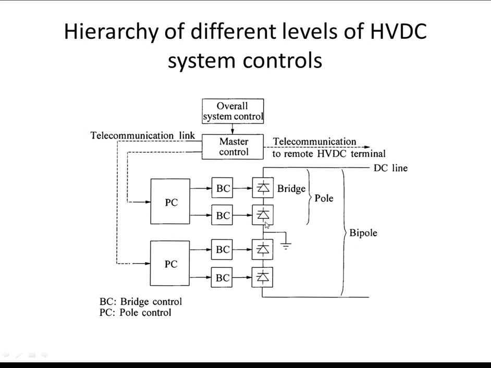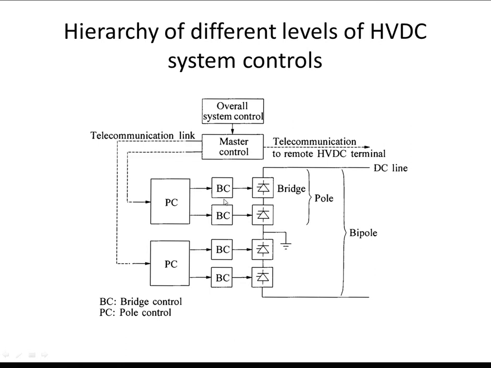In many cases, two or four bridges are connected in series, depending upon the multiple converters used in the HVDC system. Here there are four bridges in a two pole system, so it is a 12 pulse HVDC system. This is a control hierarchy, and we will understand each and every control one by one.